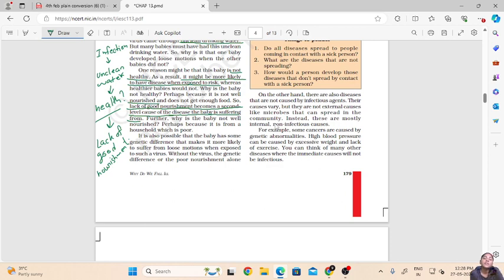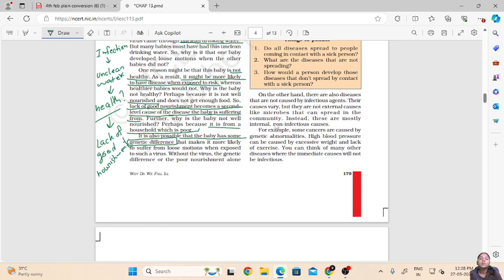Then why is this baby not nourished properly? It could be because the baby was from a poor household. Okay, it could be because perhaps the baby is from a household which is poor. Then another cause could also be, it is also possible that the baby has some genetic difference.